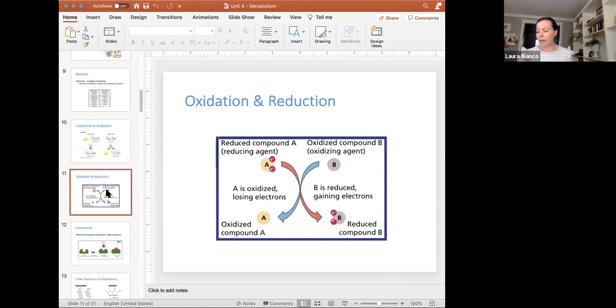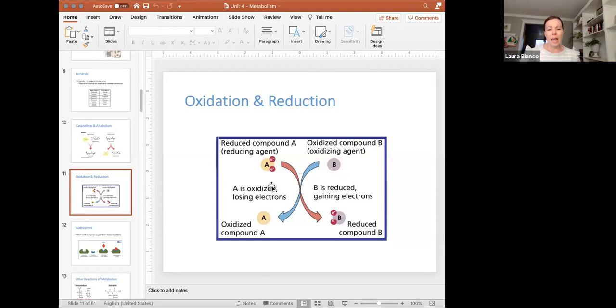Okay, another really important reaction type, or two reaction types, are oxidation and reduction. And these typically go hand in hand. So when one occurs, the other one is occurring as well with two separate molecules.